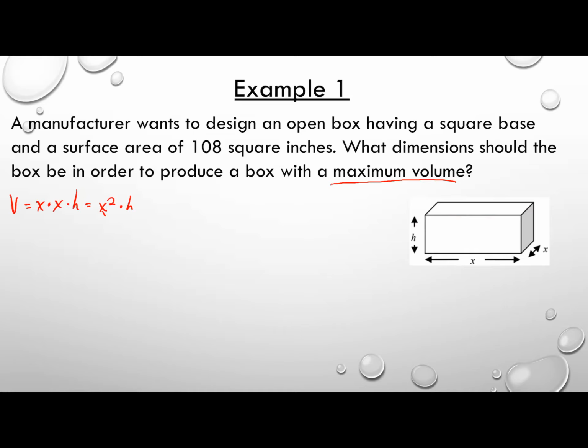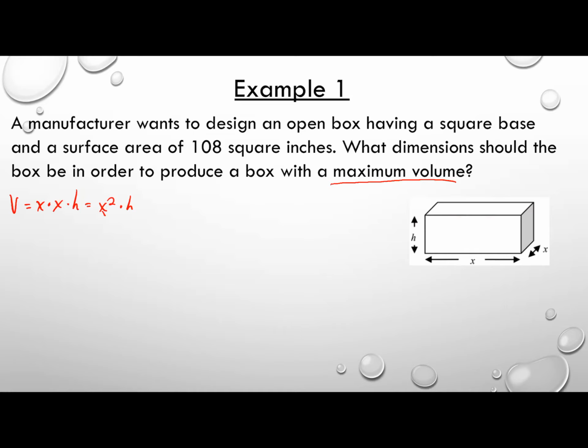So the side here is going to be x times h again, and then there's going to be one on the left side of this box, so another x times h. And then the bottom face is going to be x times x. And then once again, the top is just open, so there is no face there. So we're just going to skip past that since there is no area there.